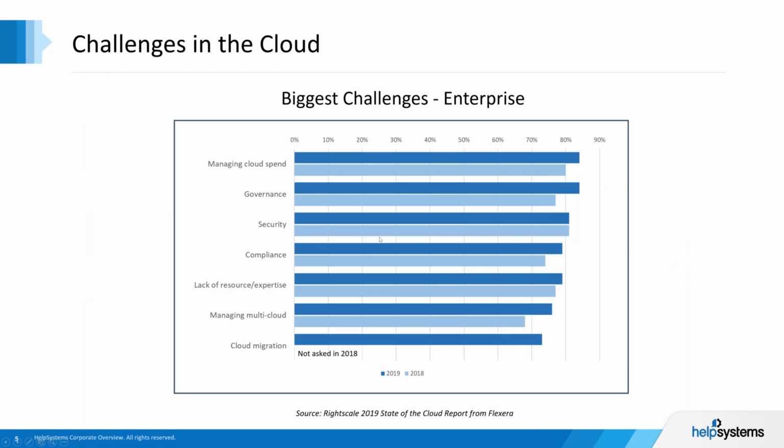If we look at some of the challenges in the cloud, this chart comes from a report called State of the Cloud, which is from Flexera. It was originally created by a company called RightScale, who's now been acquired by Flexera. They put this report out every year, where they do a big survey with a lot of people involved in managing cloud workloads, cloud applications, and cloud hosted software, and ask them a bunch of questions around how they do things and how they see things.